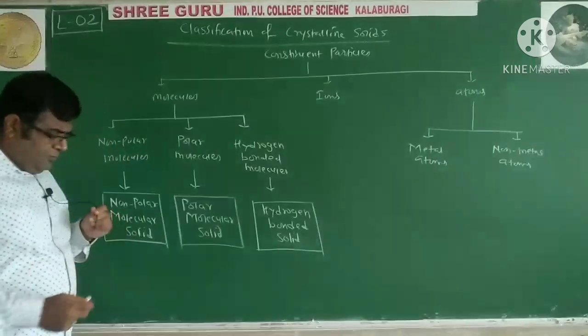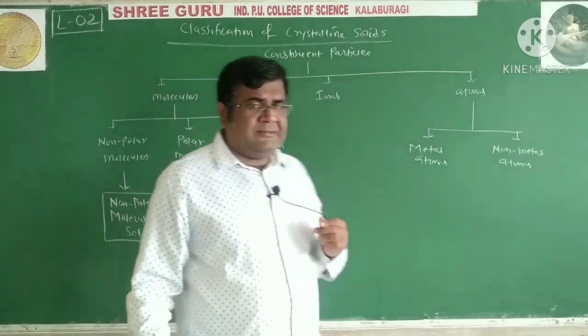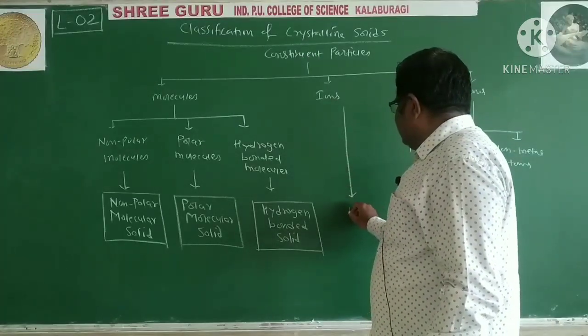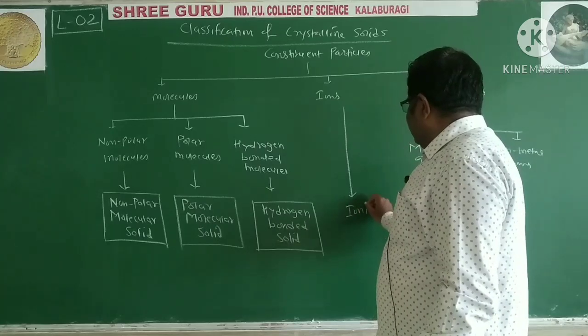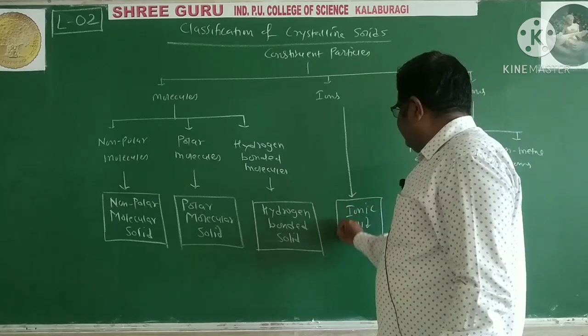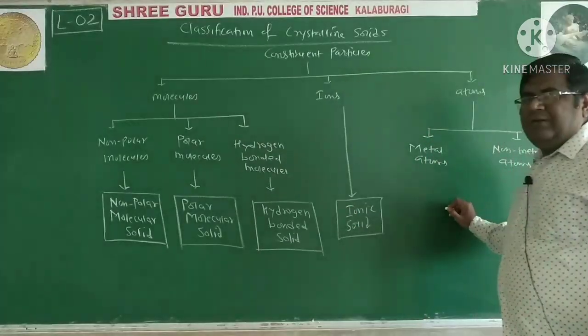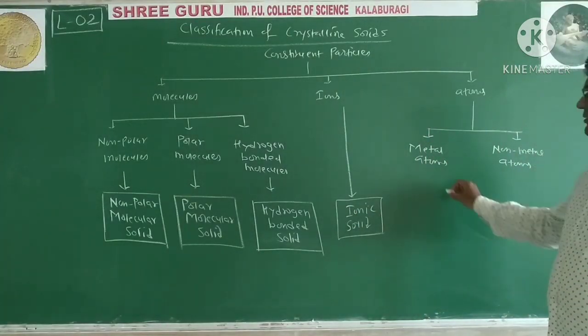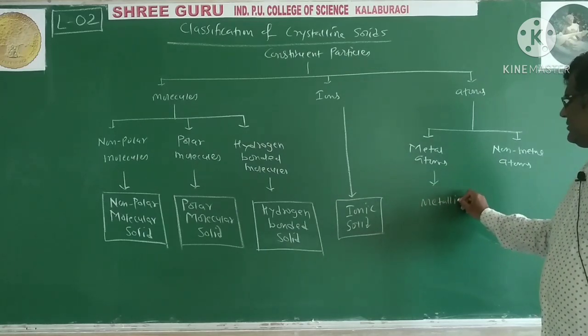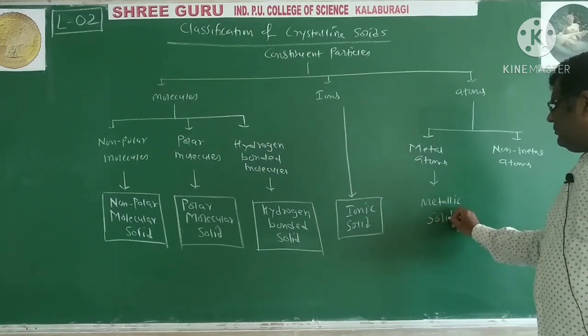When the constituent particles are ions, we call it an ionic solid. When the constituent particles are metal atoms, we call it a metallic solid.